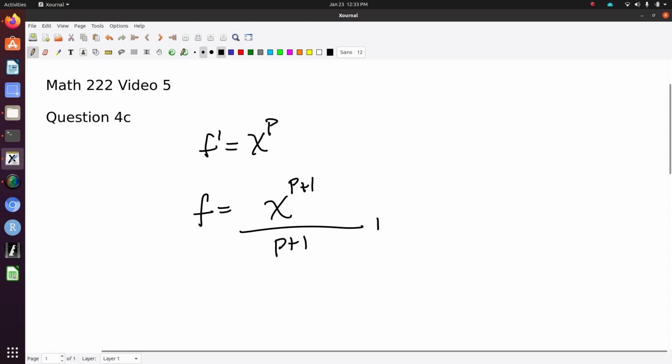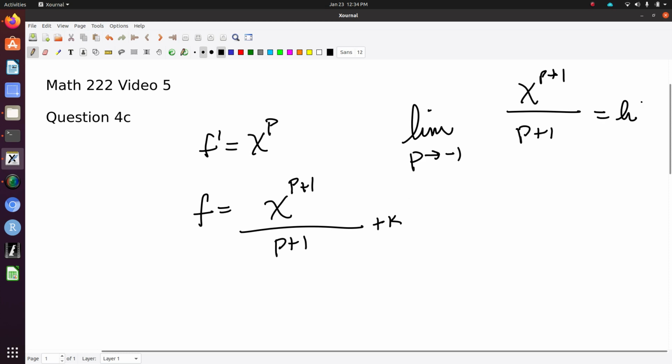But the limit as p goes to negative 1 of this looks kind of like natural log of x, but there's a constant missing. So I'll show you what's going on.